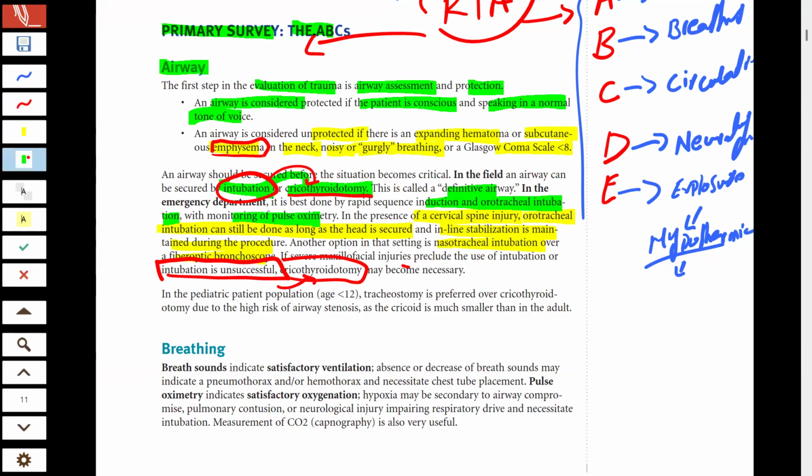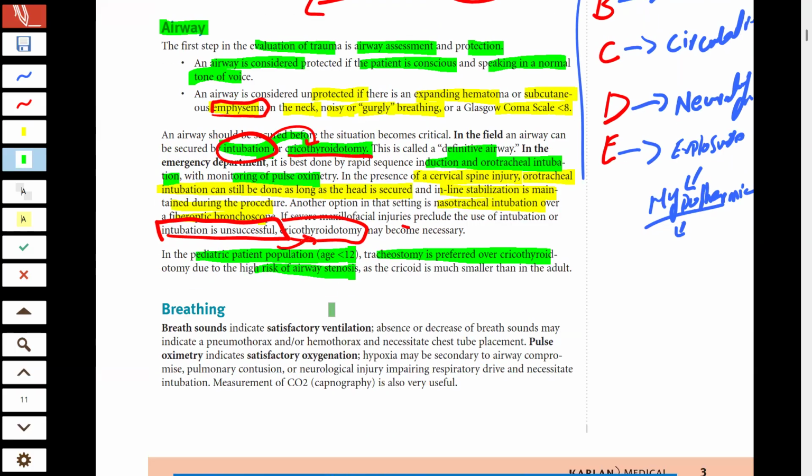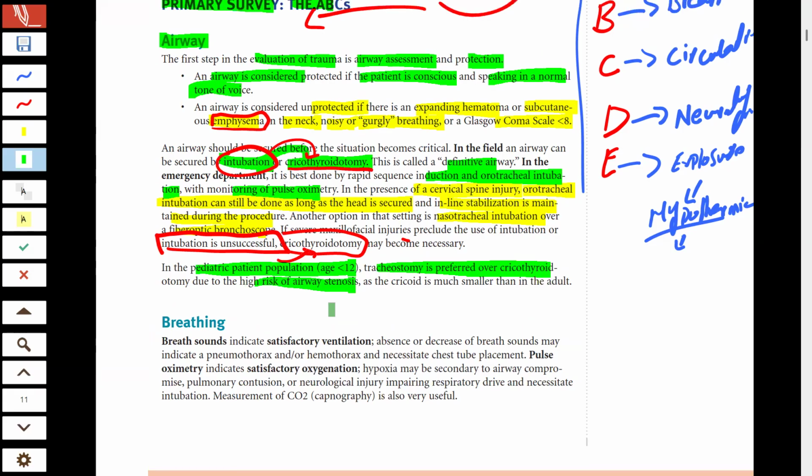In the pediatric age group, less than 18, tracheostomy is preferred over cricothyroidotomy. This one you must know. Tracheostomy will be considered if the patient's age is less than 12, because of the high risk of airway stenosis. So this is all about the airway.